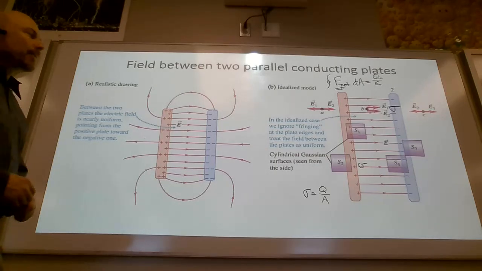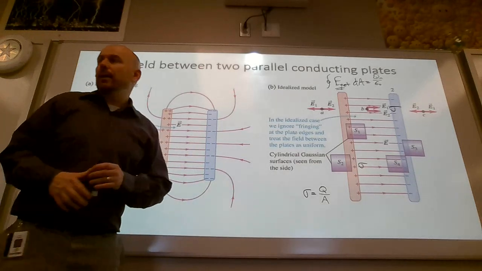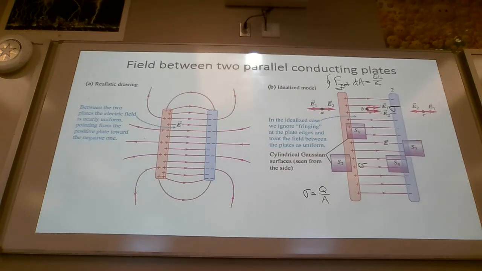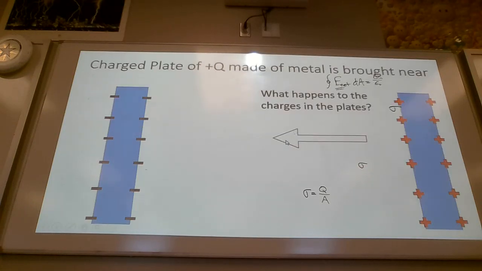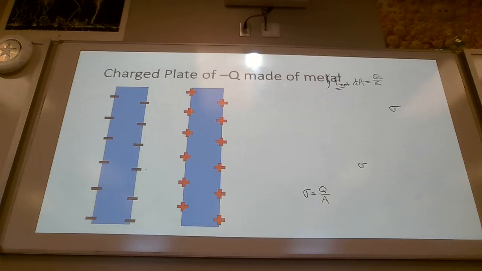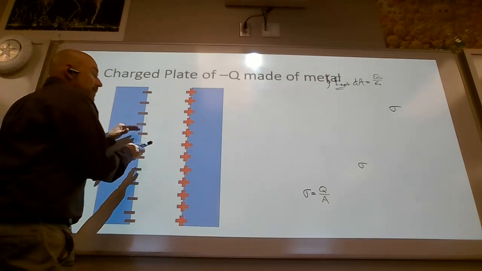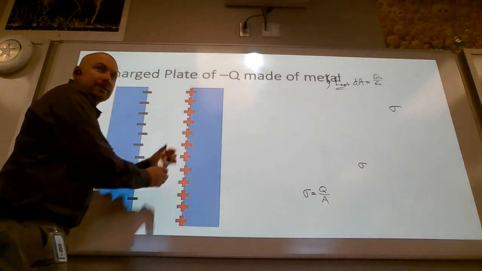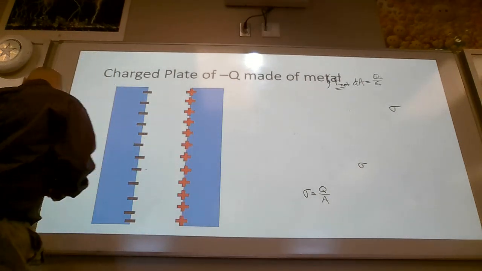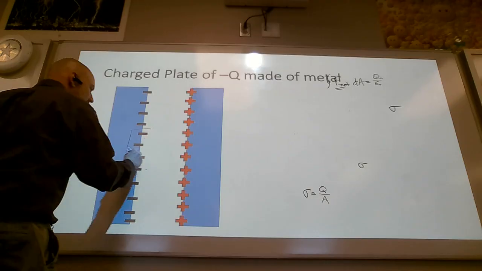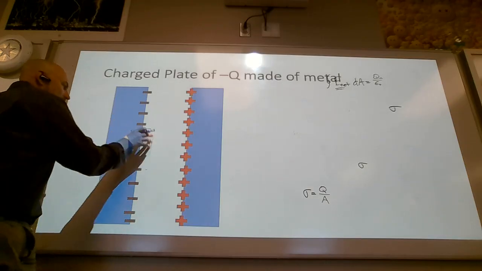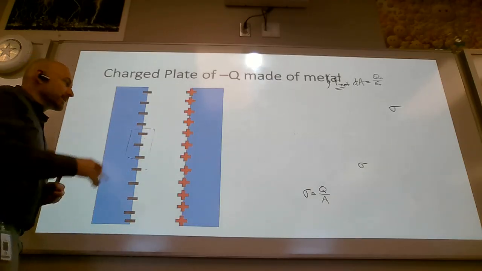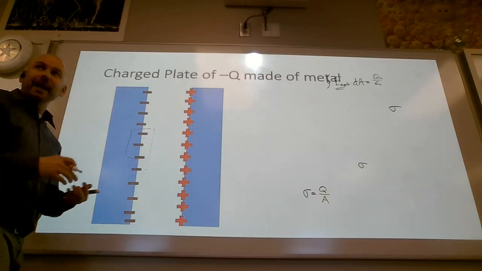How did that happen? Because of that polarization, because of this motion there. This charge density doubled because of the presence of that. That's why we can conceptually grab a hold of just these charges and draw a Gaussian surface just like this to find the net electric field, and that's accurate.